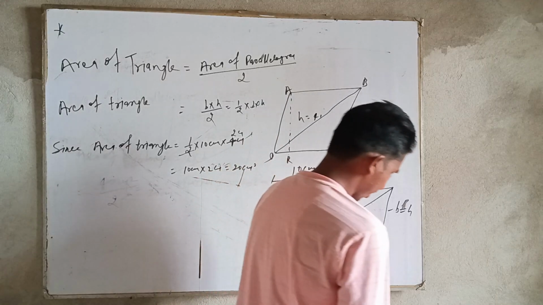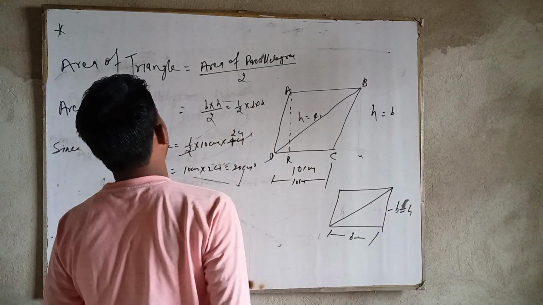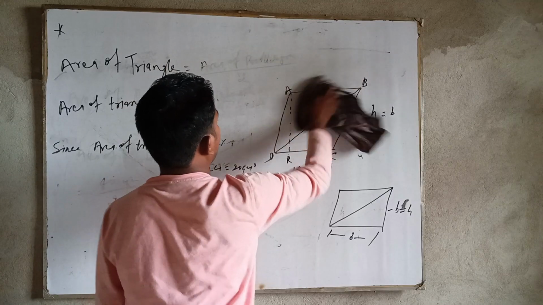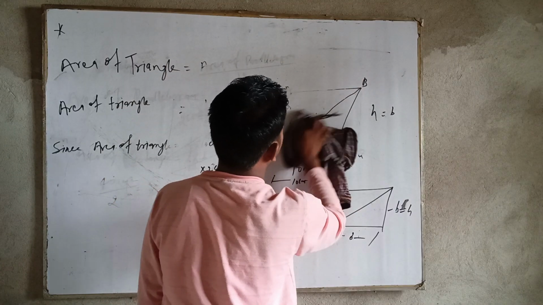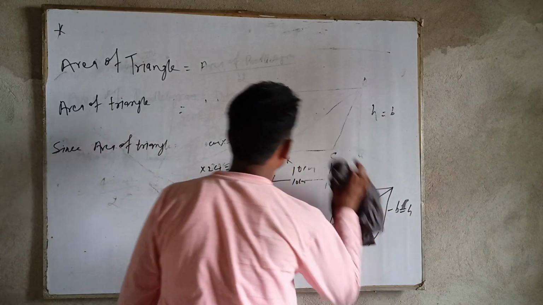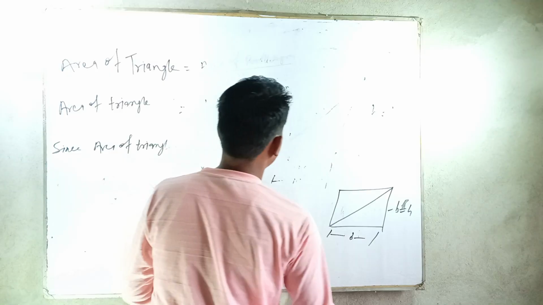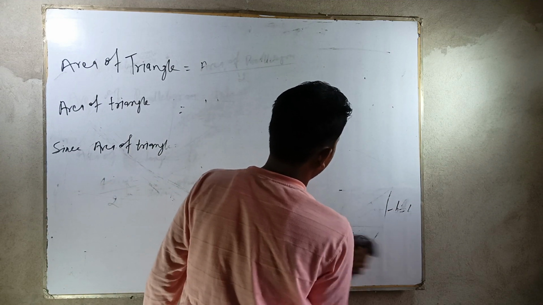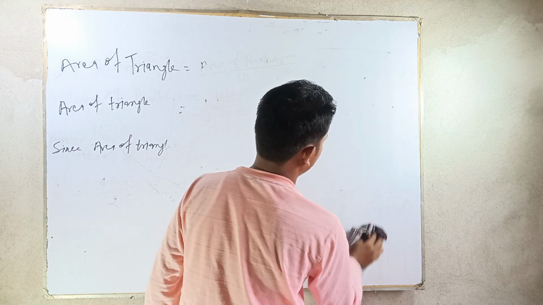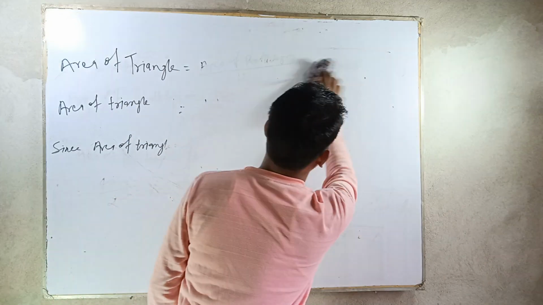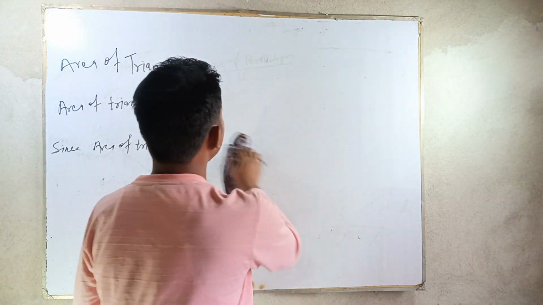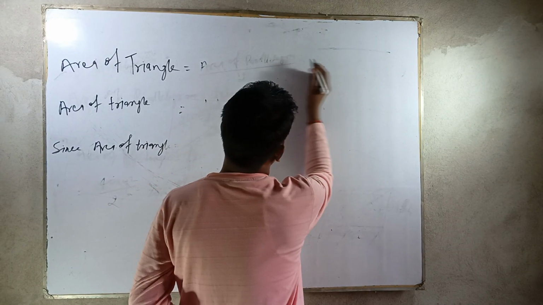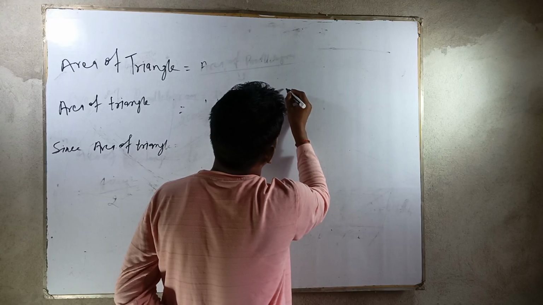So next one is, suppose, another type of quadrilateral, in which I see there is a special case in this quadrilateral.